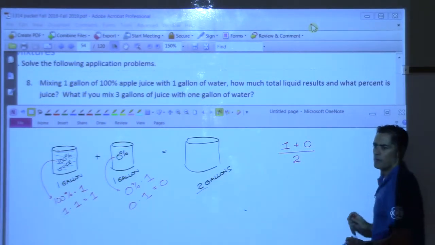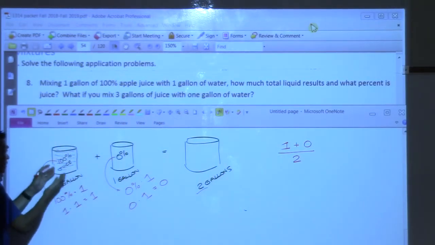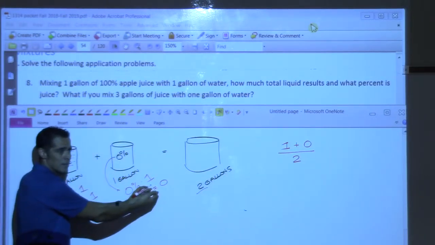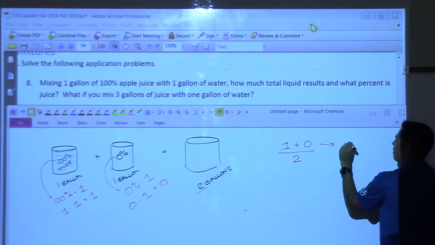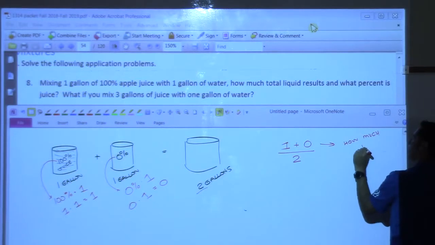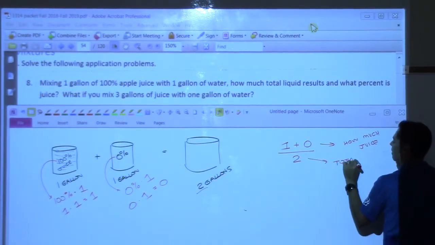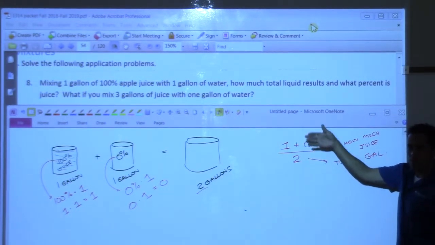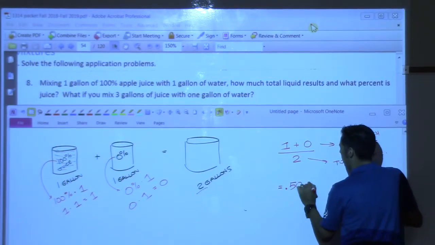This figured out how much of this stuff was juice: all of it. How much of this stuff was juice: none of it. Then it said, how much juice do you have? And this is the total gallons. If I divide these two, 1 divided by 2, you get 0.5, and that's 50%.